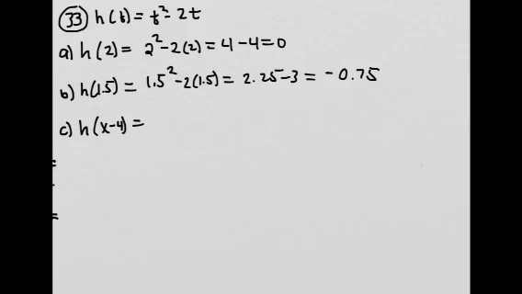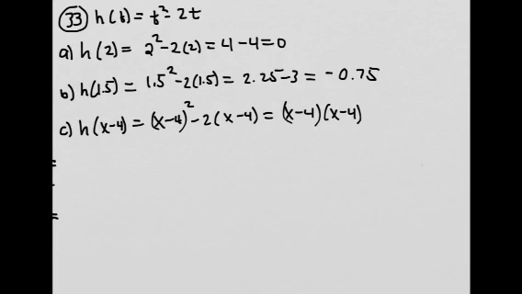And then h of x minus 4, the t's become x minus 4's. So remember, this is x minus 4 times x minus 4.